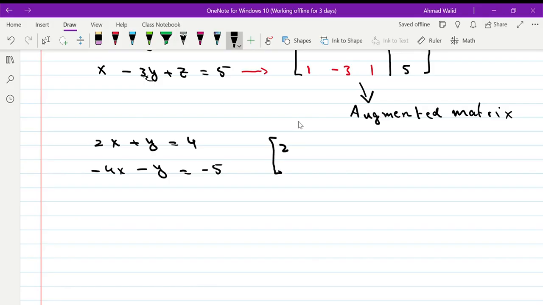What is the coefficient of y in equation number 1? 1. And I'll draw my vertical line and put the constant on this side. For equation number 2, it will be -4, -1, and -5. And this is my augmented matrix for this system. Another example.